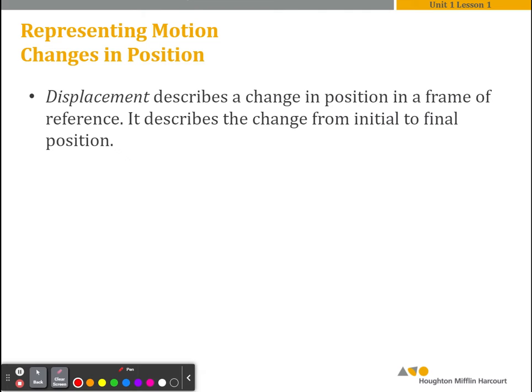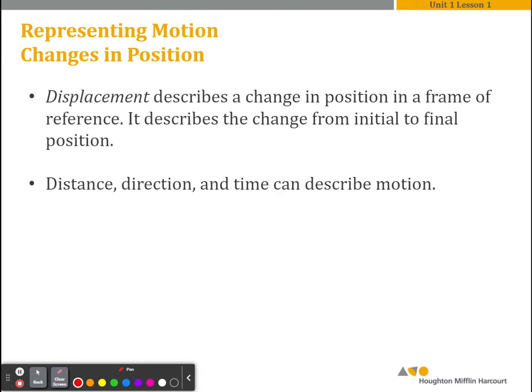You have to know what your frame of reference is in order to describe your displacement, because displacement has magnitude, a size, and it has a direction. So displacement describes the change from initial position to final position. To find the displacement of something, you do the final position minus the initial position.